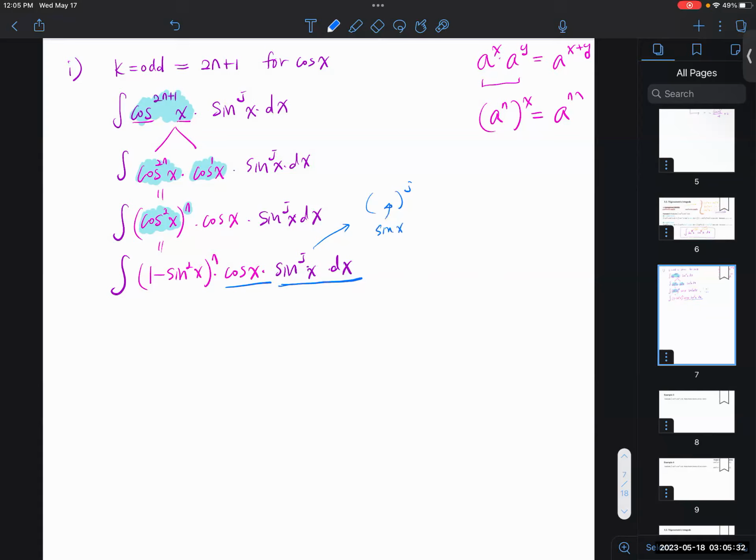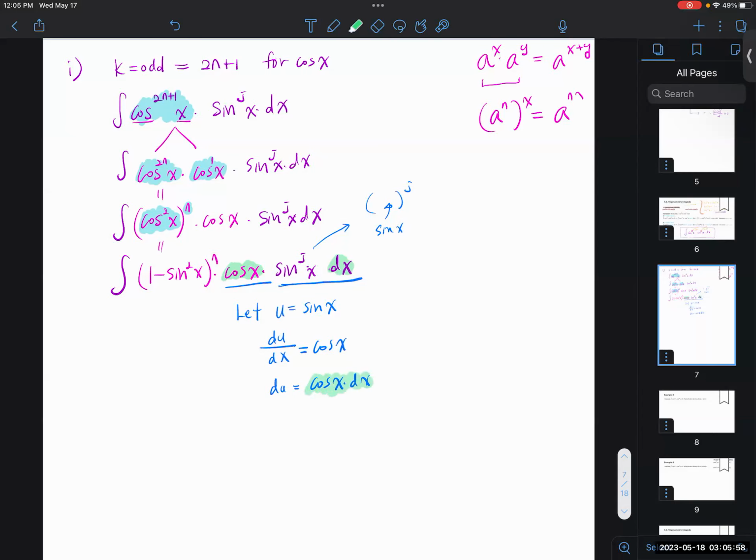So you can look at this part, and then we're going to use u substitution. You're going to find cosine x times dx in terms of u. Let u equal sine x. So du over dx equals cosine x. So we know du equals cosine x times dx, which is what we are looking for.